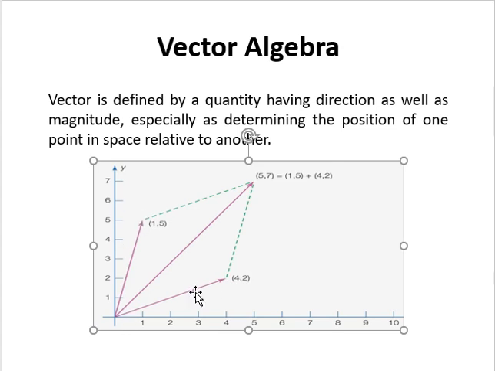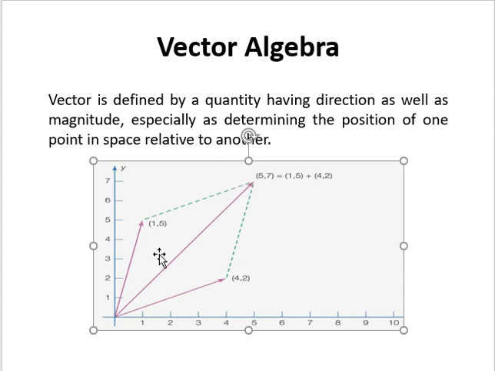Suppose someone is pulling in the (4, 2) direction, and some other person is pulling in the (1, 5) direction. If we consider this point as a particle or an object, pulled in this direction by one person and in this direction by another, then the resultant direction of the two will be this (5, 7).